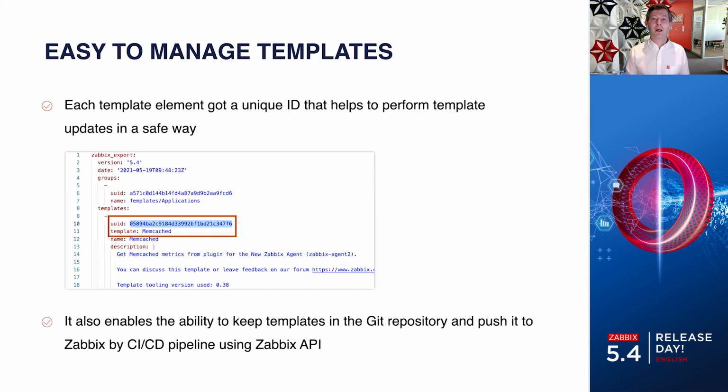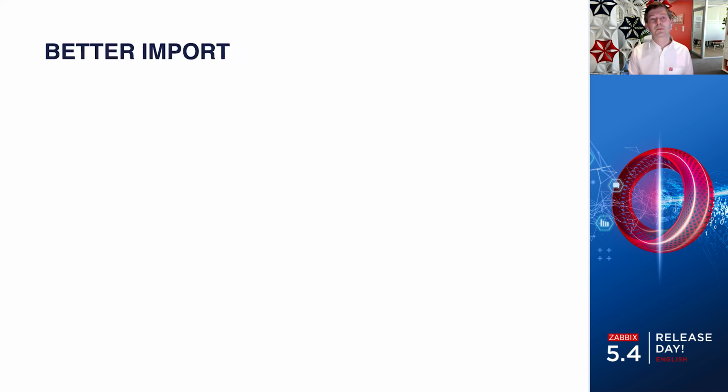So now you can actually keep all your templates in, say, a Git repository, for example, in a JSON or YAML format, and then using just a CI/CD pipeline, push it to Zabbix using Zabbix API. So as soon as you made some adjustment in your template, your CI/CD system would just take the latest version of the template, and using Zabbix API would apply it to the Zabbix system. So it really helps to look at your infrastructure as code.